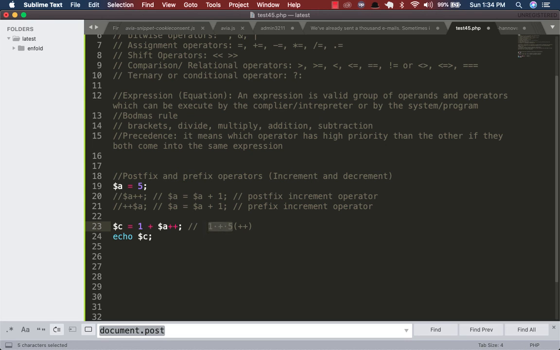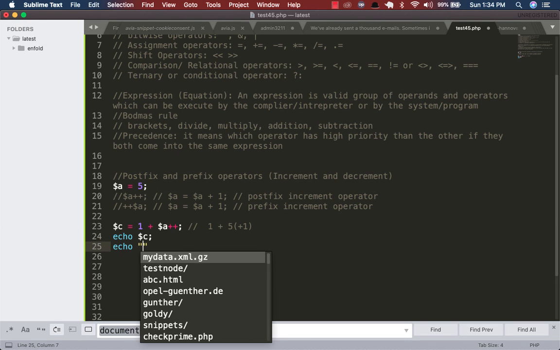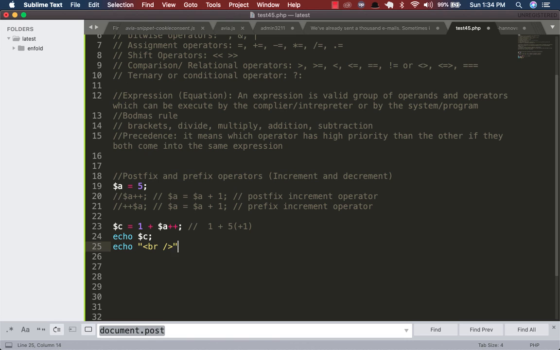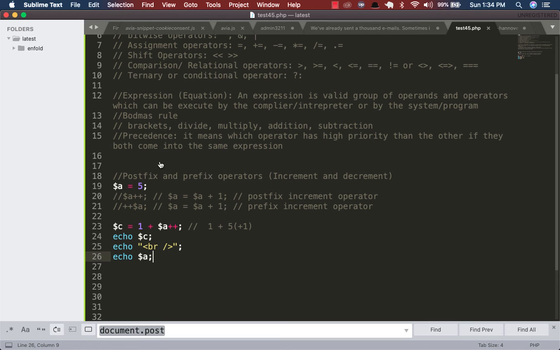This value is assigned to $c, so it becomes 6. If we write a break again and echo $a, $a becomes 6 again.